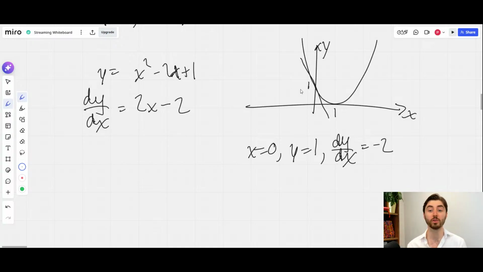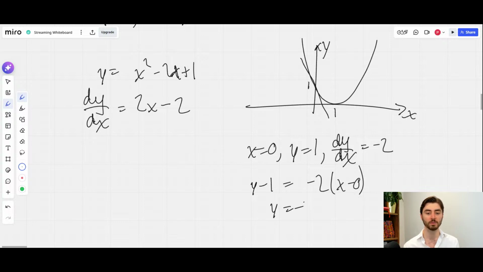So if you ever need to know the gradient, think differentiation. So the gradient is that. So now we can just say y minus 1 is equal to minus 2, x minus 0. In other words, y is equal to minus 2x plus 1 is the equation of the tangent at that point.